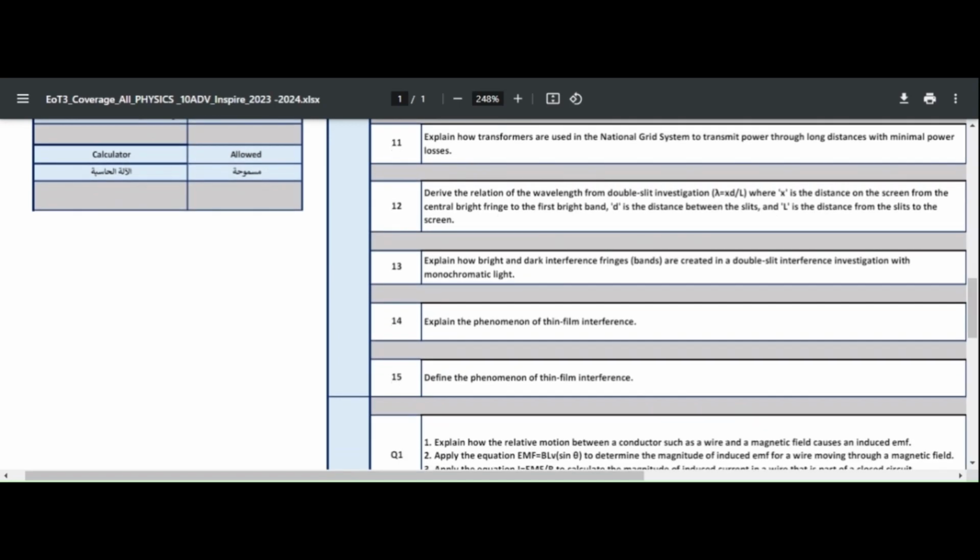Then you have question number 11, which is about transformers and how they are used in the national grid to minimize power losses.